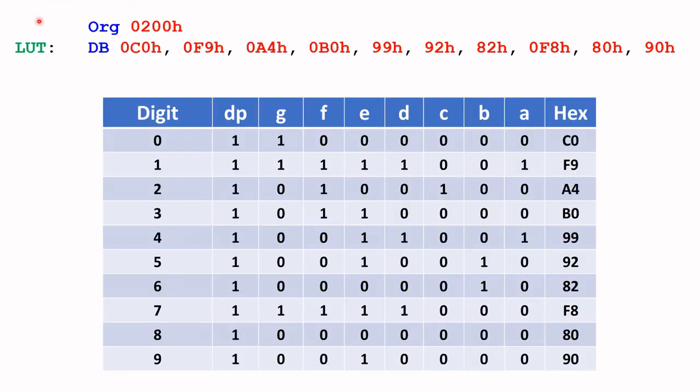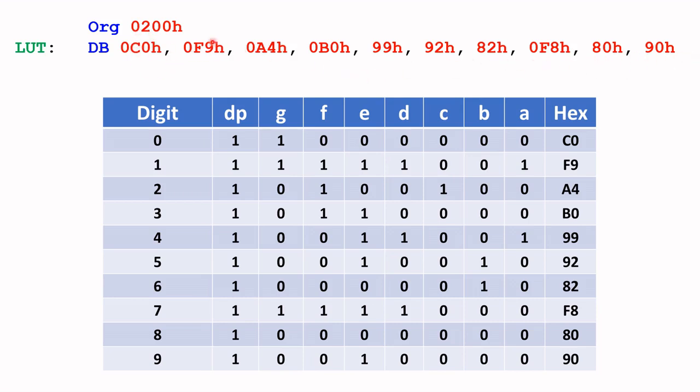And so I repeated a couple of lines of code here, and basically I'm saying the lookup table LUT starts at 0200 hexa. So I determine the starting point of this array of values here.